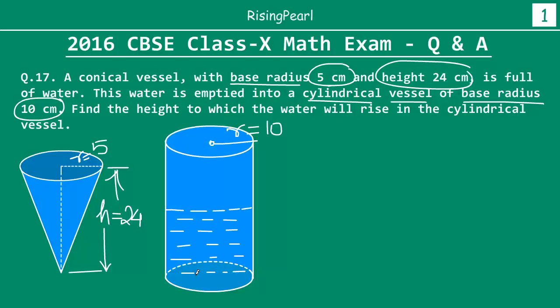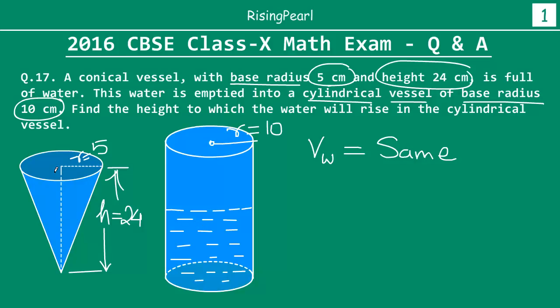The common link between the cone and the cylinder is the water, because the cone is filled with water and the same water is poured into the cylinder, right? So what we can say is the volume of water is the same. This will be the same in the cone and in the cylinder, correct?